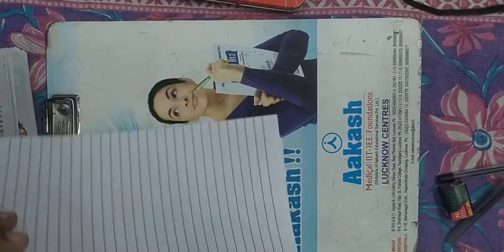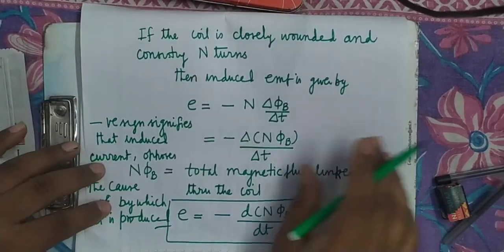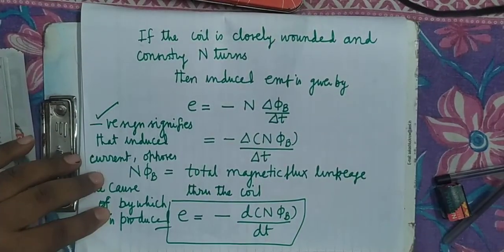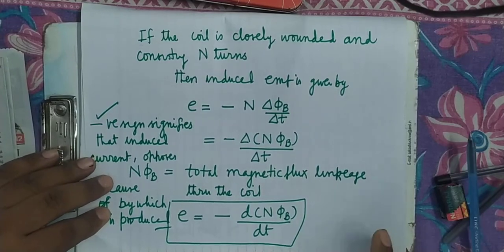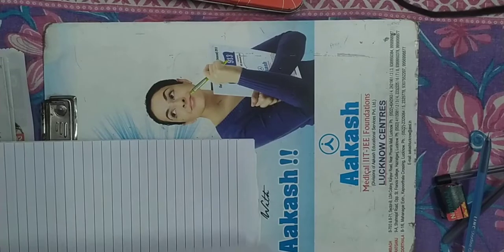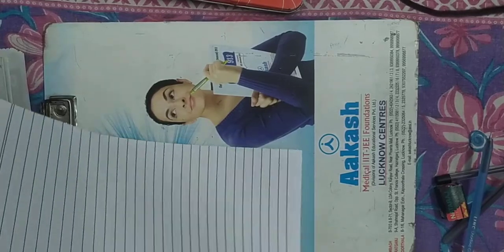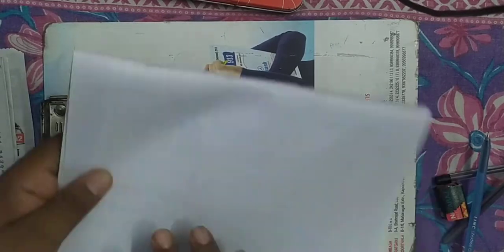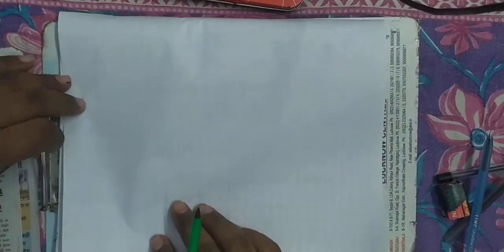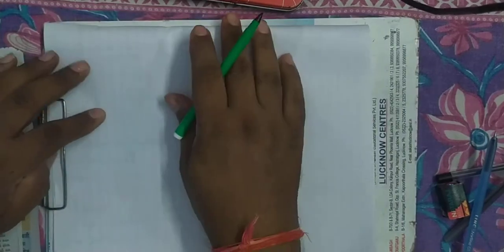Now, this is also known as Lenz's law. What is Lenz's law? The direction of induced current is always such that it opposes the cause by which it is produced.